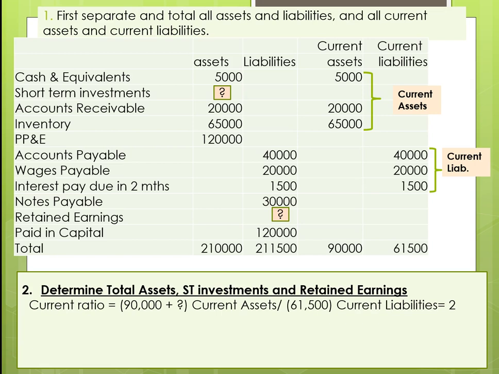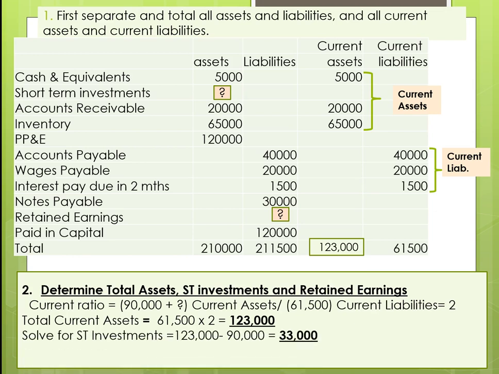So now we take that $61,500, and since we're dividing with it on that side of the equation, we put it on the other side, which means we multiply, which tells us our total current assets are $123,000.